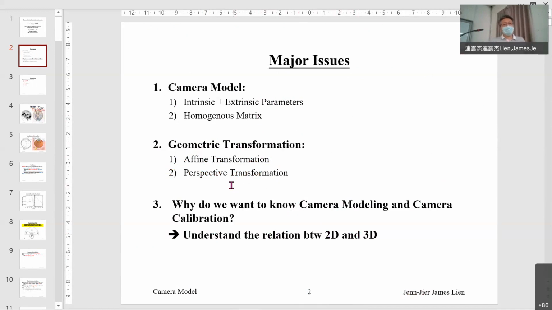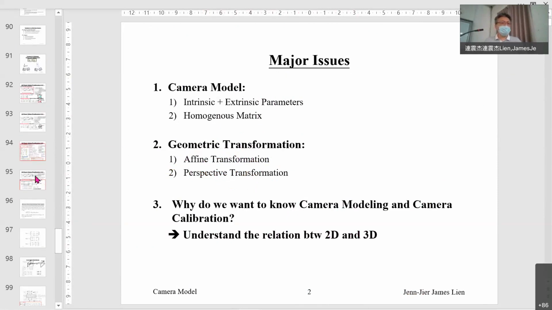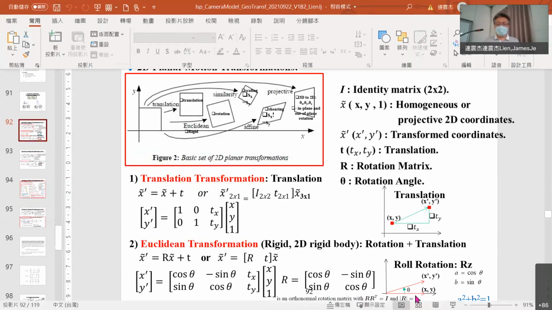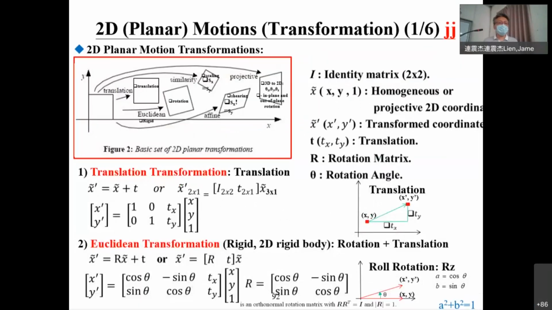Because we talk about space, we talk about transforms, so you should know both the affine and perspective transform. This is page 90; I'm on page 92 because I added two pages last night.